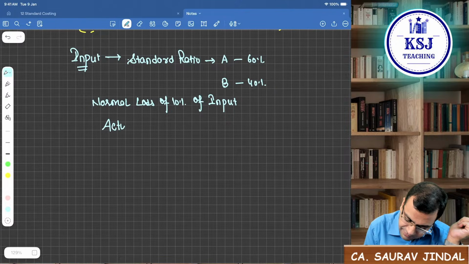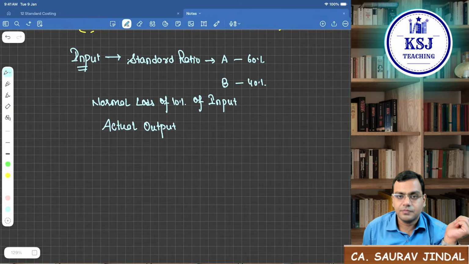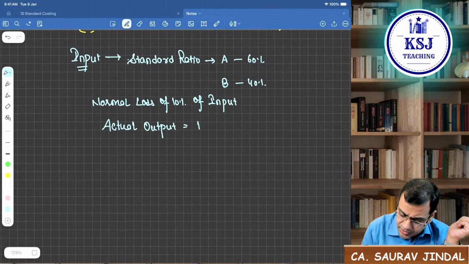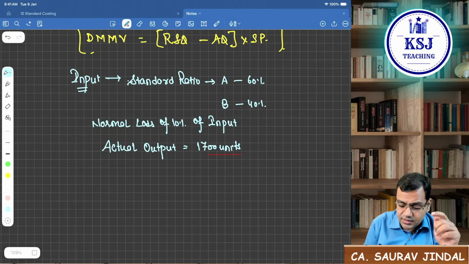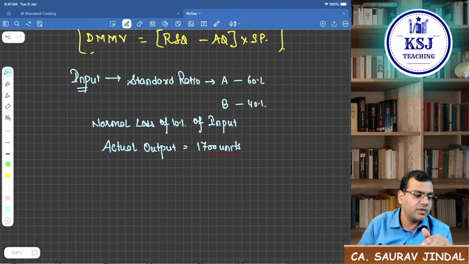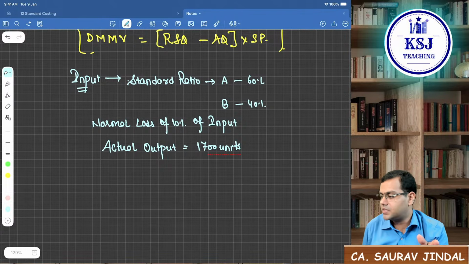Then you are given the actual output, let's say 1700 units. This is the common type of question, one of the most important questions from standard costing.